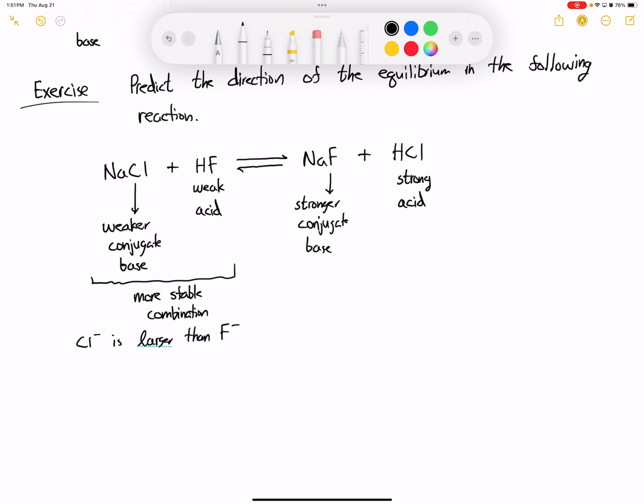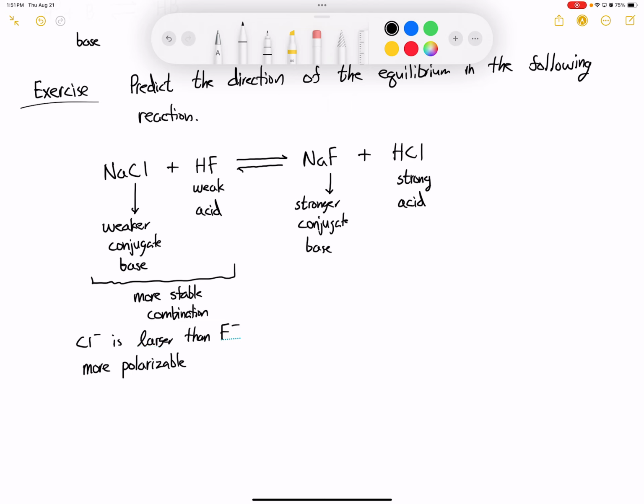Okay? So the larger it is, the more polarizable it is. That's a scientific term to tell you that the atom itself is more squishy, meaning it can be deformed much easier and it can stabilize electrons more easily.